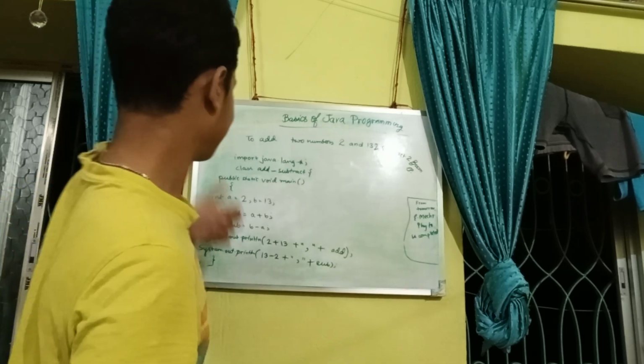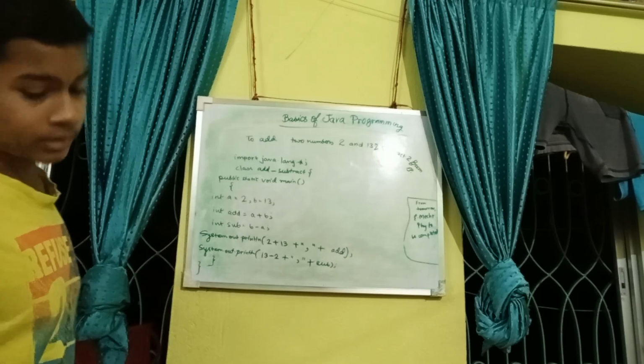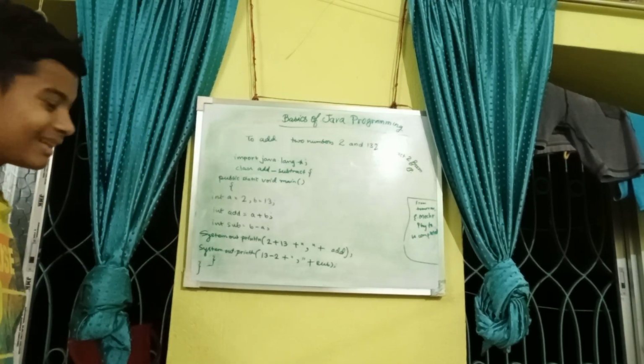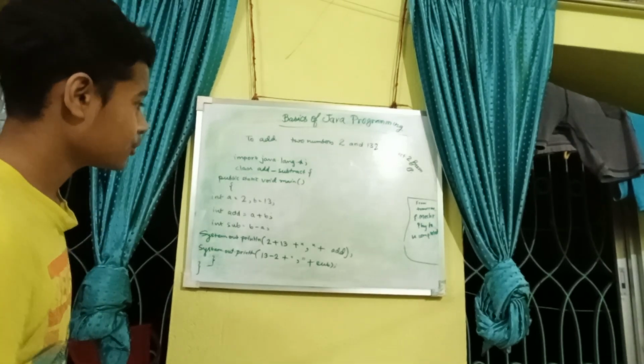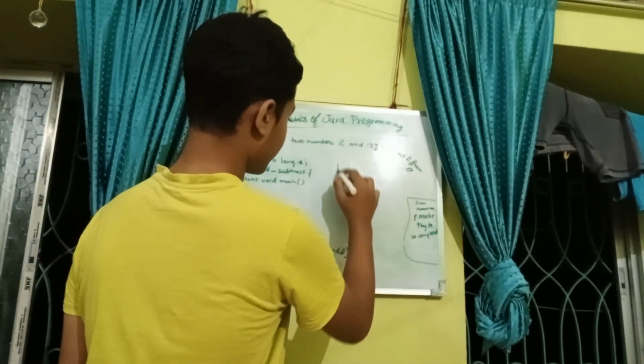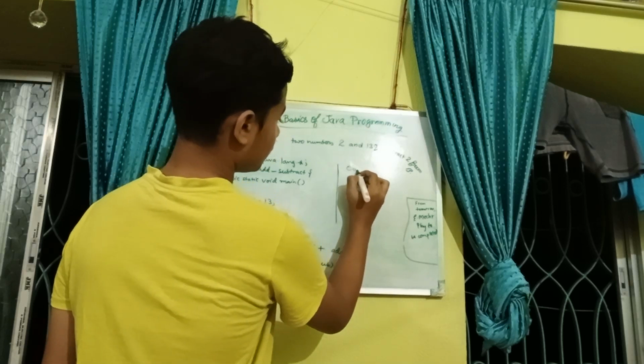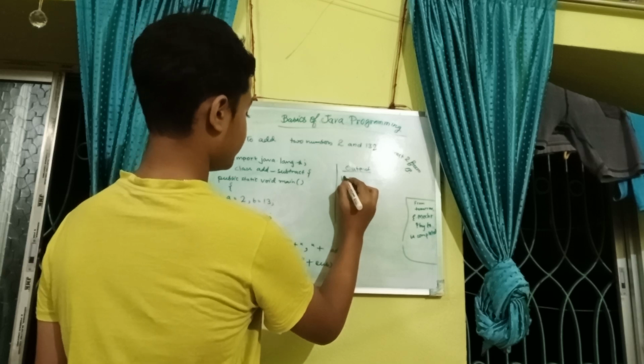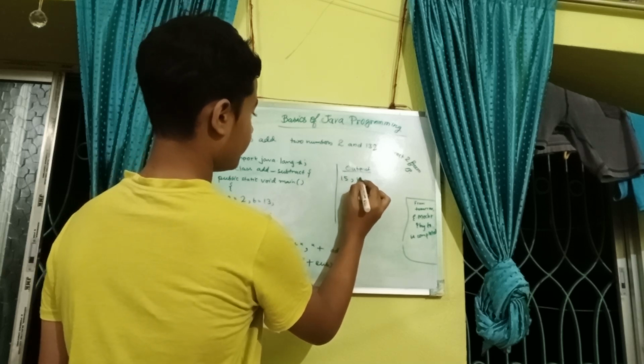This is the code, the easiest code I think. The output will be, I am showing this output here: 2 plus 13 is 15, comma, 15.